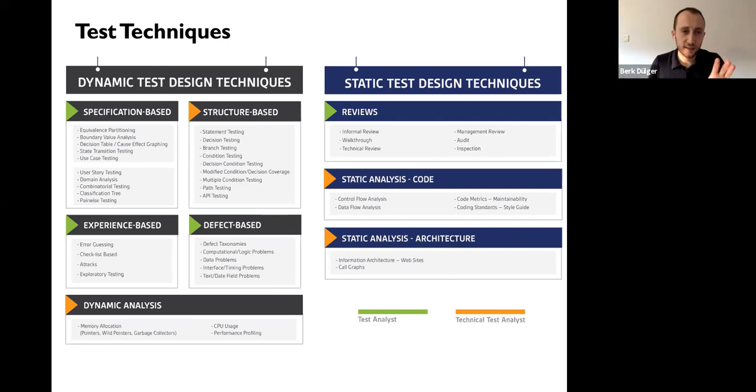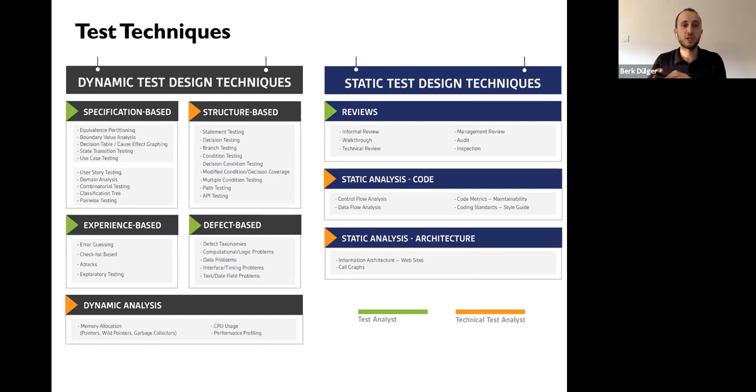Dynamic test design techniques stand for techniques that require software execution. They are more conventional, they are intuitive, just like clicking a button or sending a request to a web service. Those are all dynamic tests. And on the other side, there are static test design techniques which do not require execution of the software, just like reviews or static code and architecture analysis.